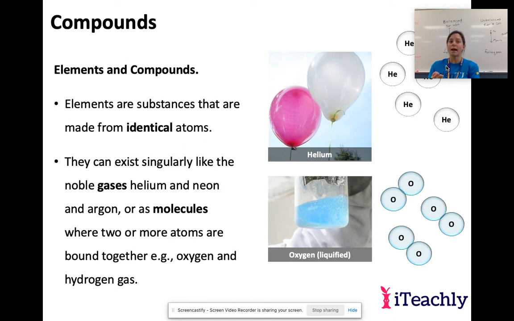Now, depending on the kind of element it'll determine whether or not it's a gas or a solid or a liquid at room temperature. So both helium and oxygen are gases in room temperatures, and they have very specific chemical properties. Now, there are some things to note, like hydrogen and oxygen. If you have those gas elements, they actually don't like to be by themselves.